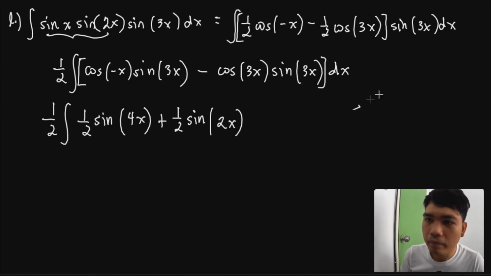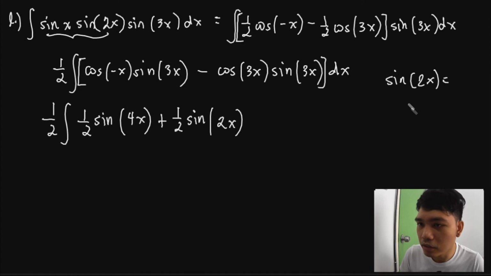Di ba alam naman natin sa ating rule na when we have sine 2x, this is equal to 2 sine x cosine of x, which makes perfect sense here. If this is cosine 3x, galing siya dun sa double angle of sine, which in this case should be something like sine of 6x, correct?